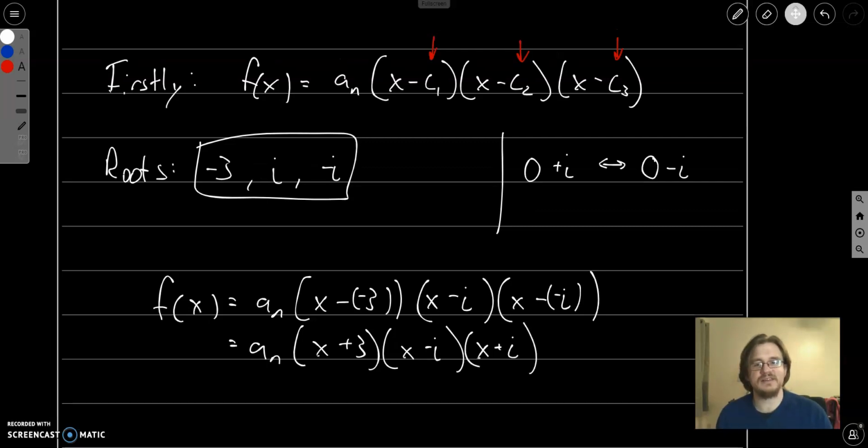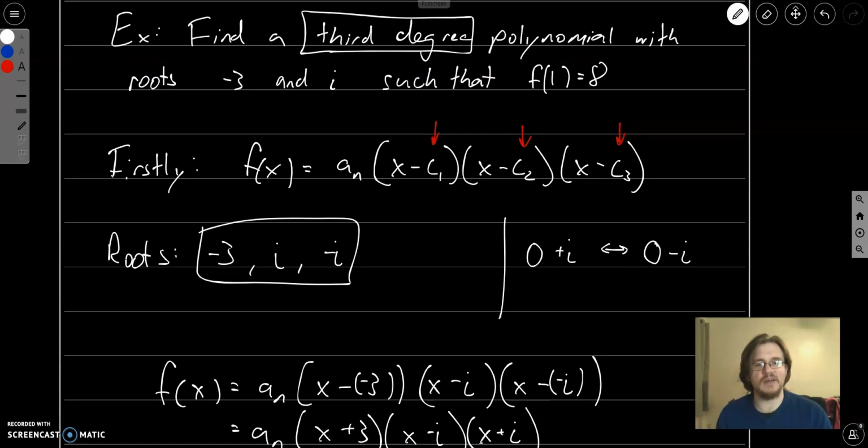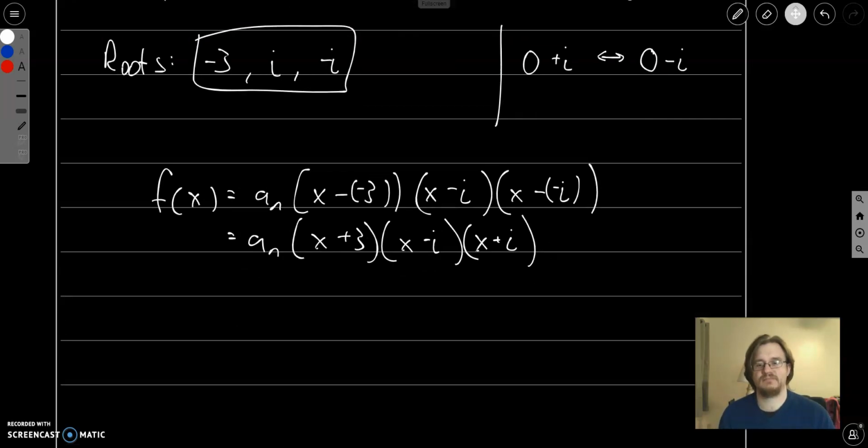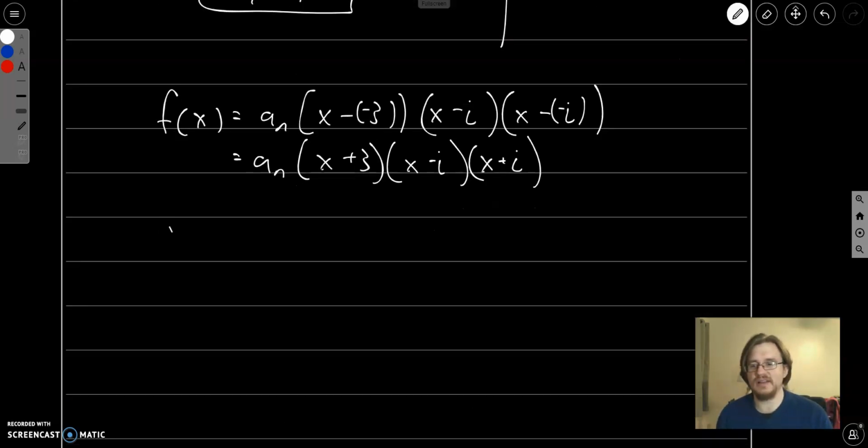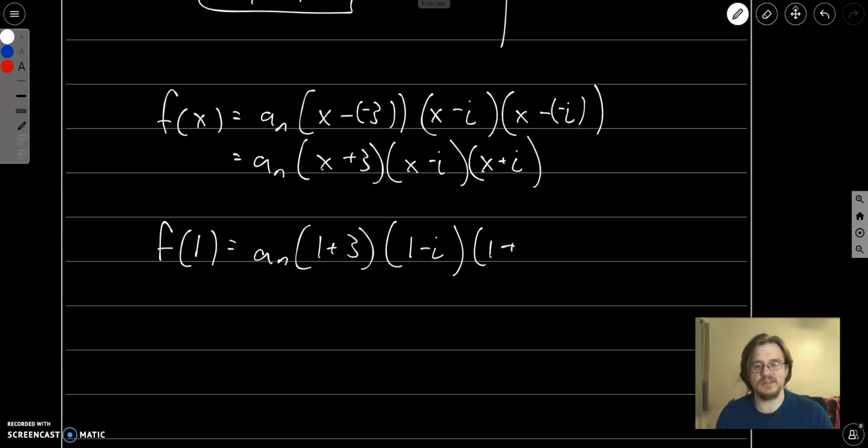And then finally, we know that if I plug 1 into the function, I get 8. Great. So let's plug a 1 into my function. I'll get a_n times (1 plus 3) times (1 minus i) times (1 plus i).